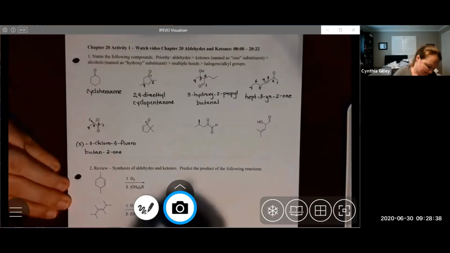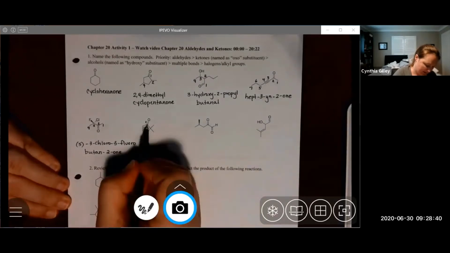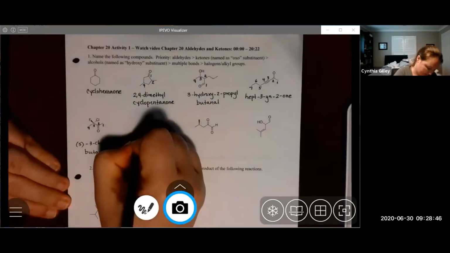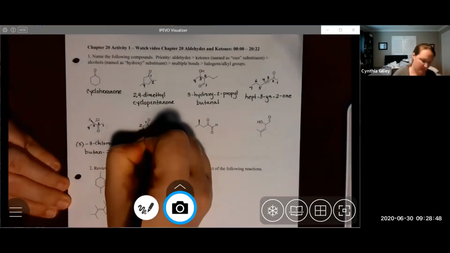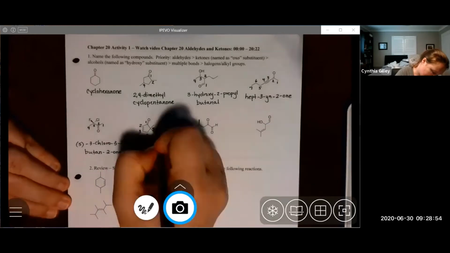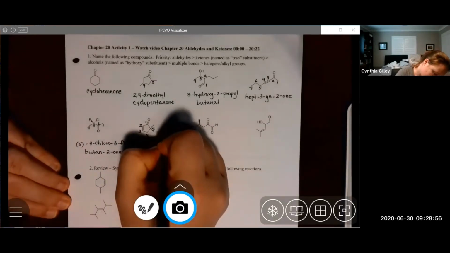In this case, if you're thinking about should I count this way or this way, double bonds have a higher priority than alkyl groups in this direction. So we have 2 substituents, 5,5-dimethyl.